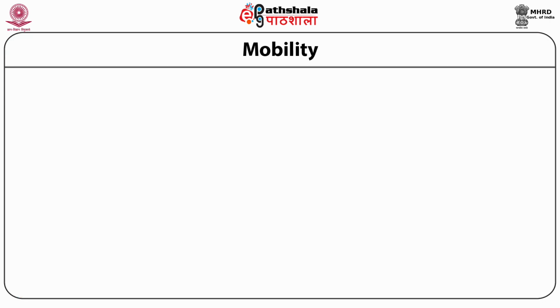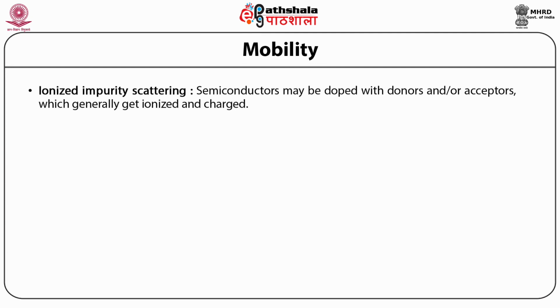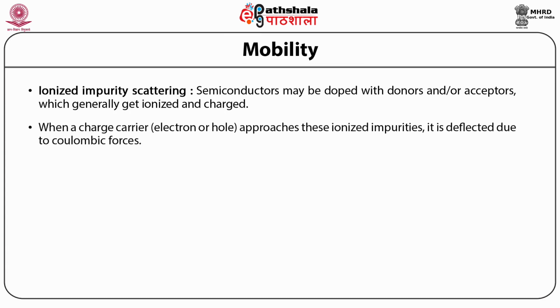So students, now let us study about the ionized impurity scattering. Semiconductor may be doped with donors and acceptors, which generally get ionized and charged. When a charge carrier, either electron or hole, approaches these ionized impurities, it is deflected due to Coulombic forces.